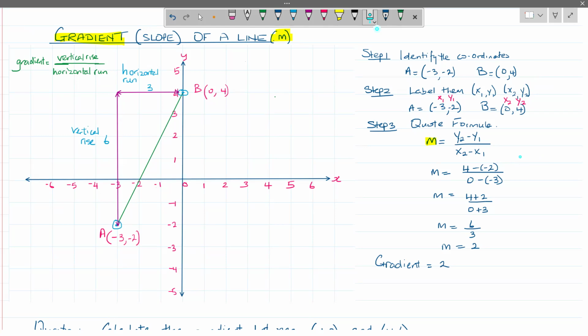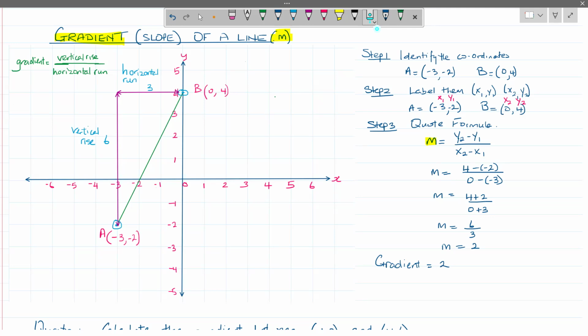You have to put back that minus sign as part of the formula. And if the number is negative, you put that number in a bracket so that you remember that you have to resolve this sign. Minus by minus is going to give me a plus. 4 plus 2 is going to give me 6. Similarly, underneath here, 0 minus negative 3 is going to give me a plus, and 0 plus 3 is going to give me 3. So the gradient of this line is 2.